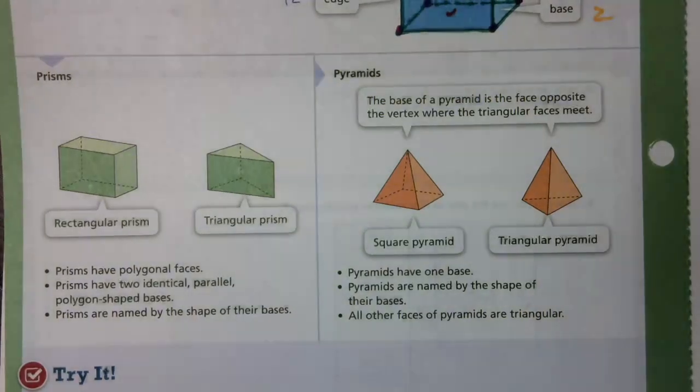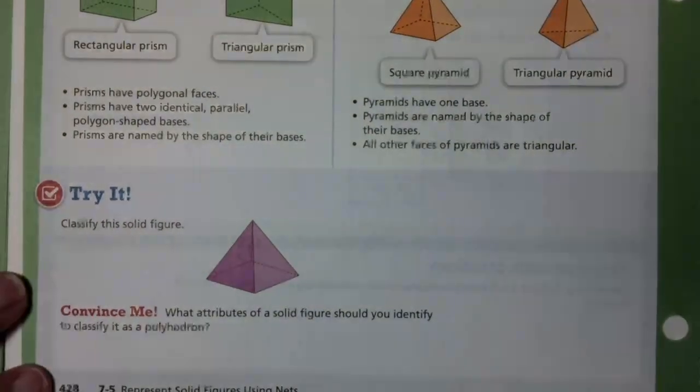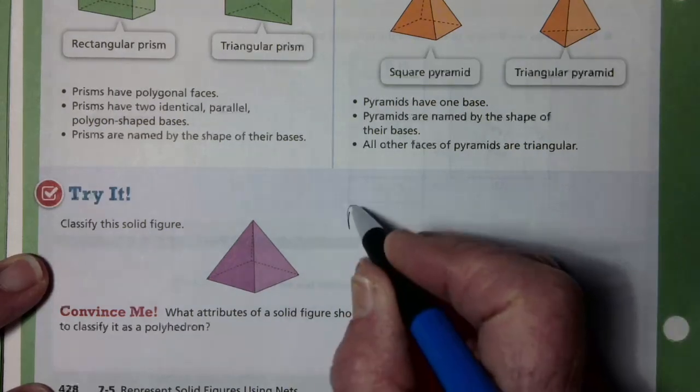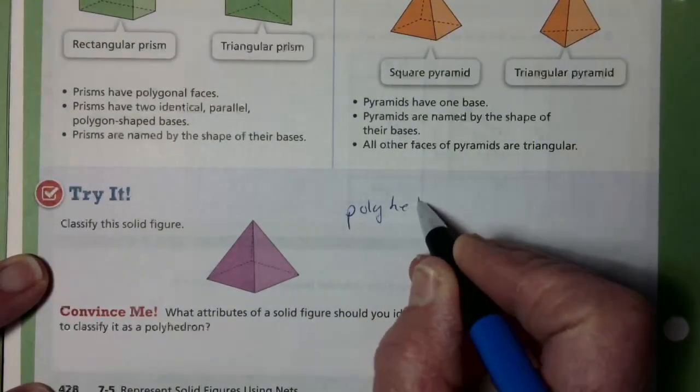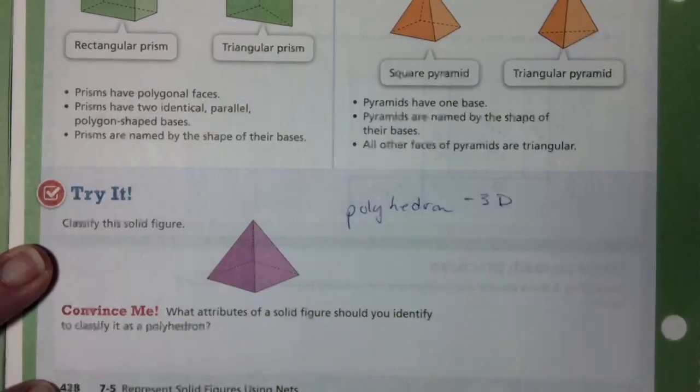Okay, new terminology. Classify the solid figure. Well, it's 3D, so it's a polyhedron. Yes, it's a polyhedron because it's 3D.